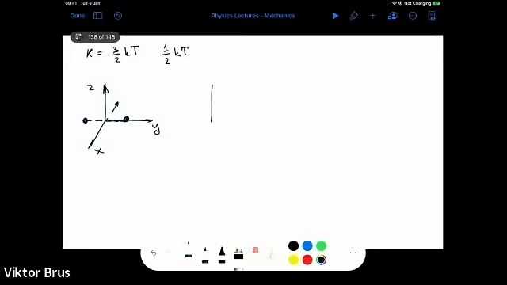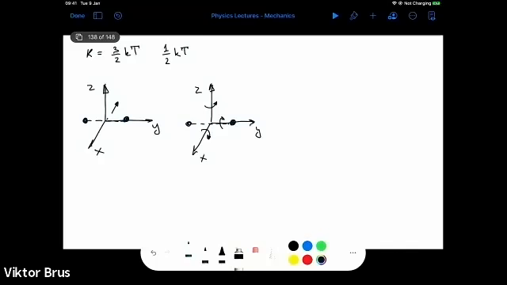So if we have another system of coordinates here, x, y, z, we have this diatomic molecule. So there are several options. It can rotate about axis y in this direction. It can rotate about axis x in this direction, and about axis z in this direction.